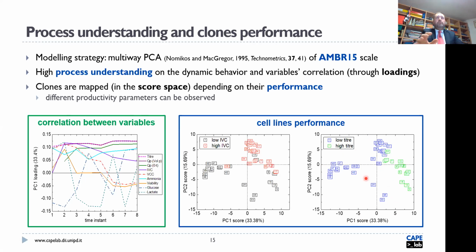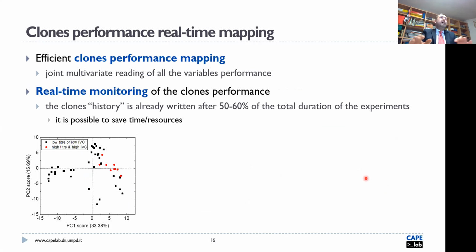But we don't want to think of the data one at a time in a univariate fashion. We want to map the performance of the clones with a joint and multivariate reading of all the variables at the same time. So here in the score space, we identify the zone of the cell lines with high performance.